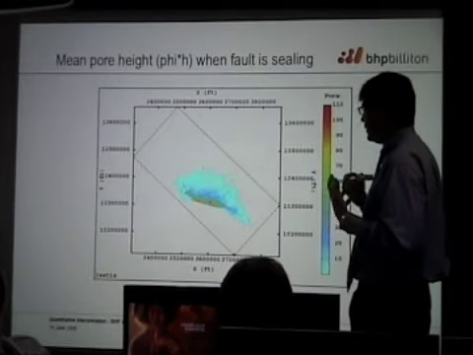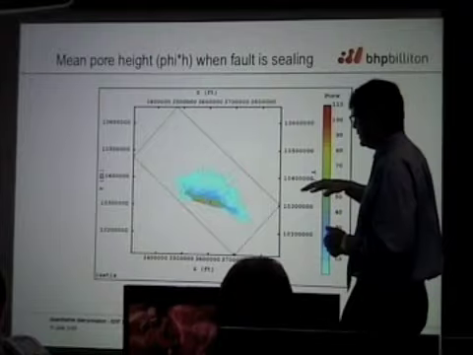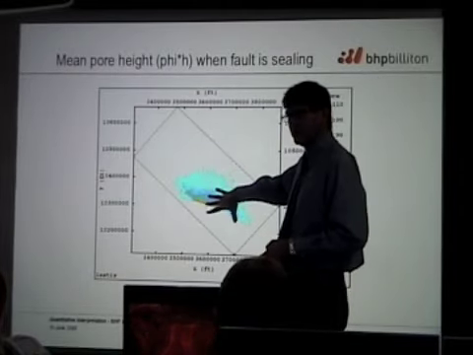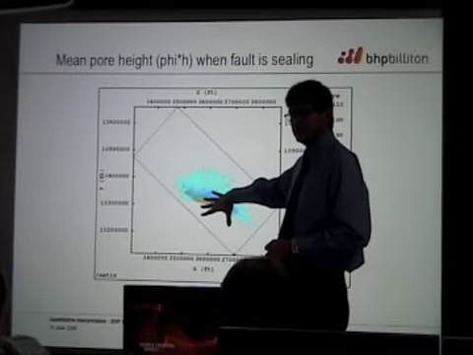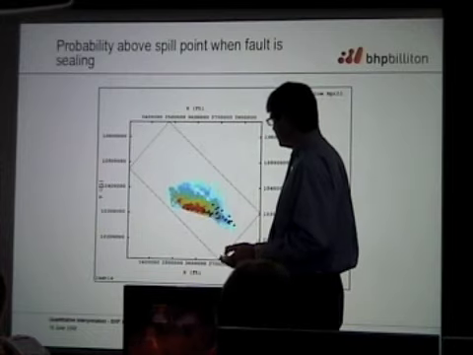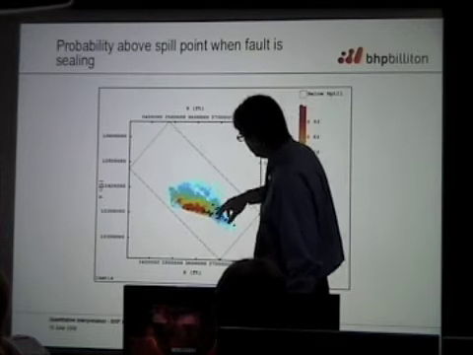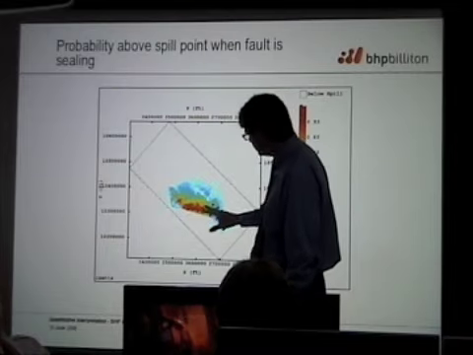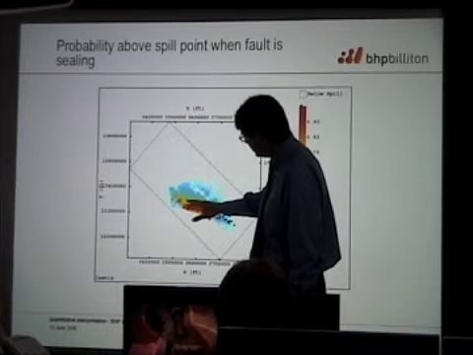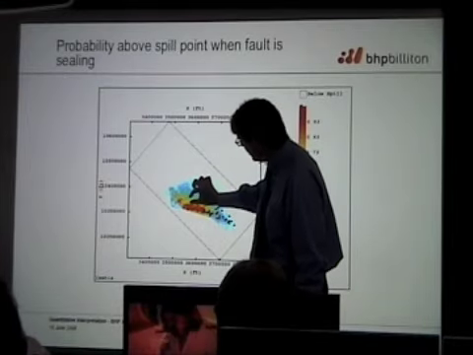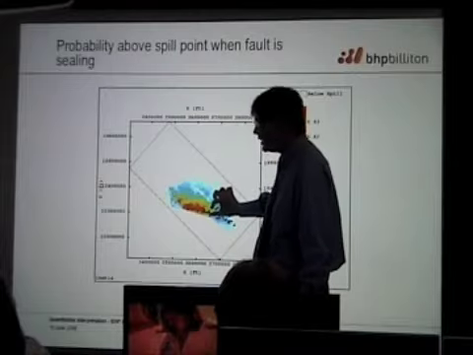But what I really wanted to let you know is that there are ways to risk structural closure or understand uncertainty in depth conversion. For instance, with a probability of closure map, if I saw my contact meander around this yellow zone, I would probably say that would be okay.